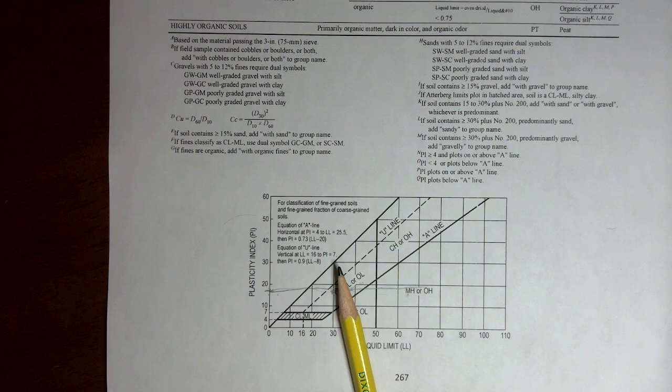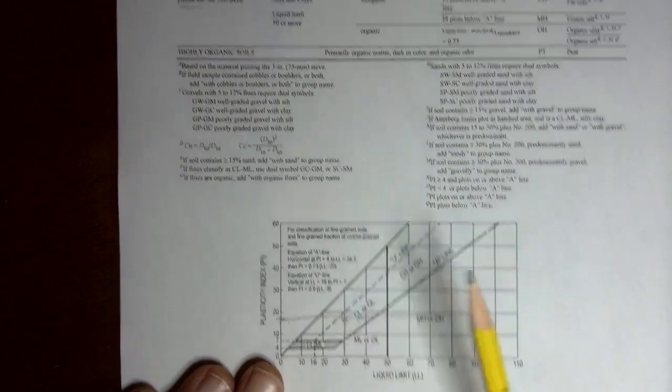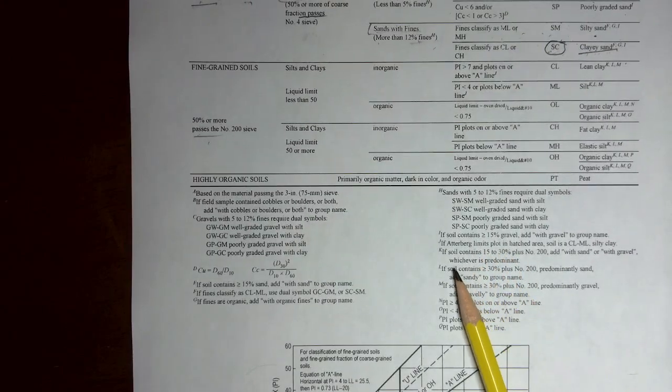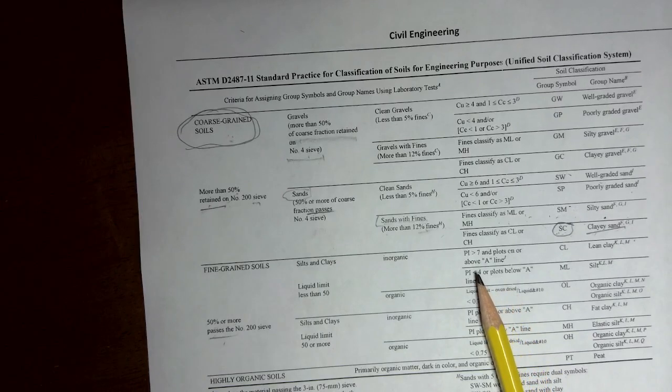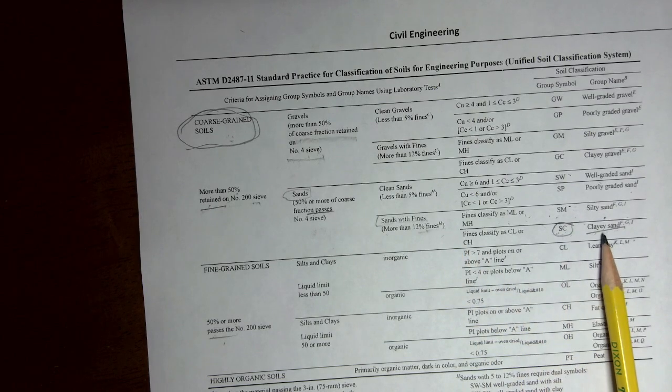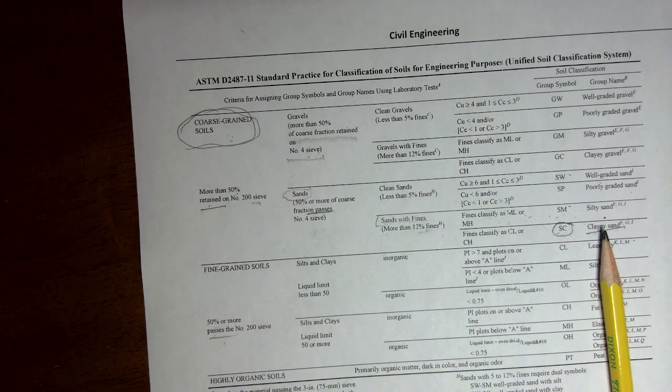If we go to the block labeled SC here, it says clayey sand right here.